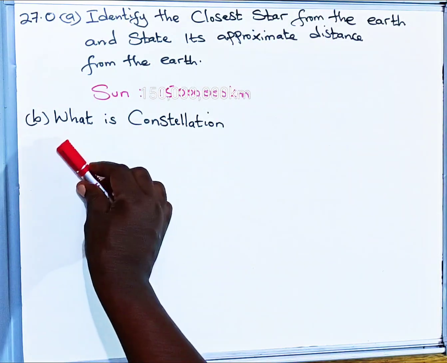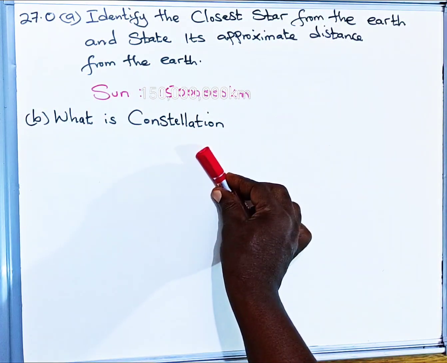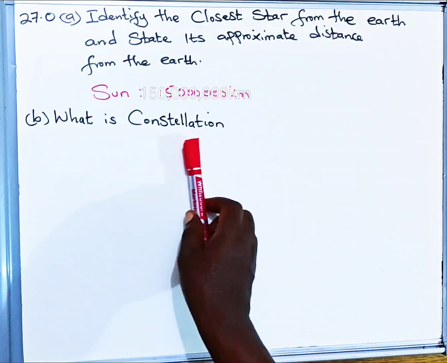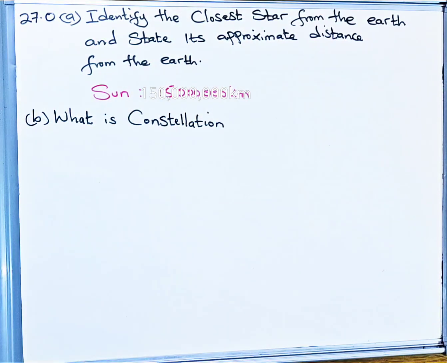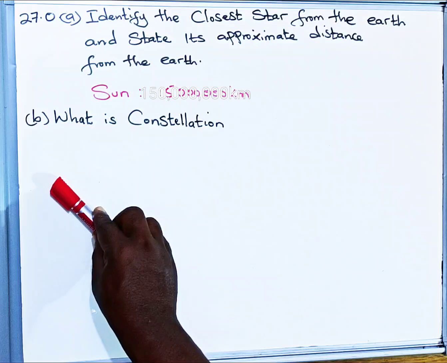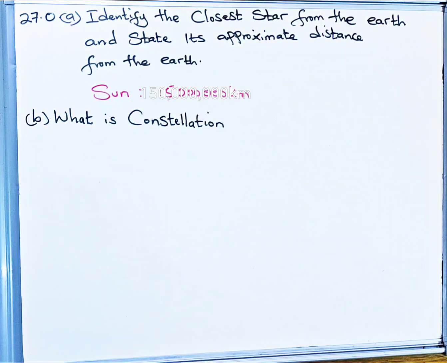Then we come to this question. It says, what is a constellation? A constellation is a group of stars which, when viewed from the Earth, form a pattern or a shape.